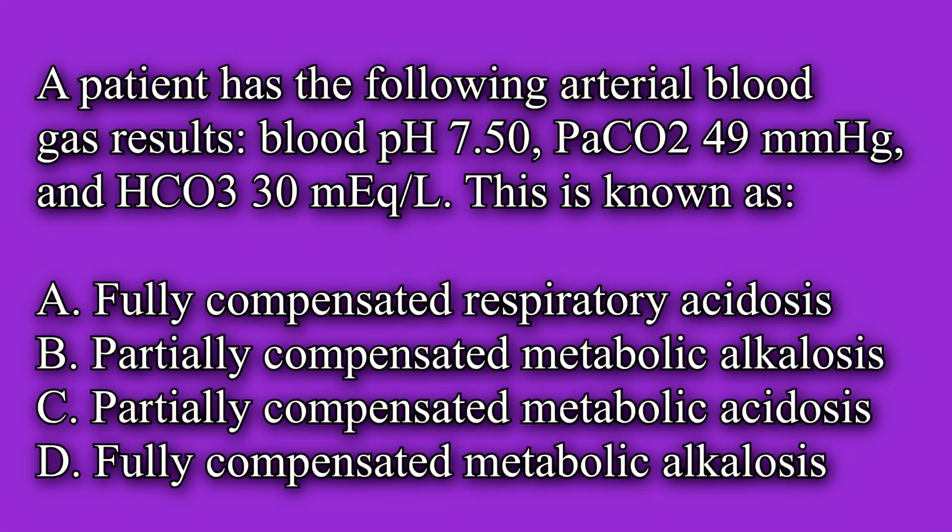A patient has the following arterial blood gas results: blood pH of 7.5, a PaCO2 of 49, and a bicarb HCO3 of 30. This is known as A, fully compensated respiratory acidosis, B, partially compensated metabolic alkalosis, C, partially compensated metabolic acidosis, or D, fully compensated metabolic alkalosis.